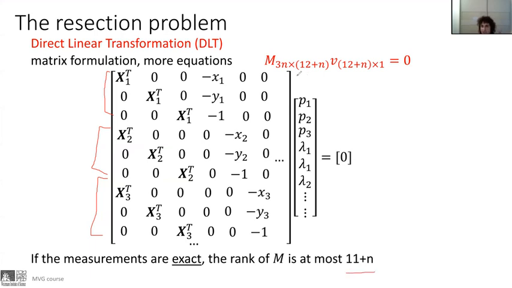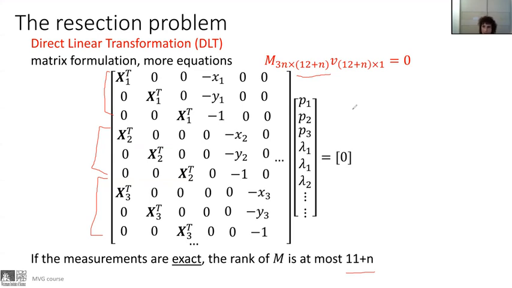Since this is the number of columns, it means that the null space will be what size? 1. 1, exactly. Then I'll have a vector in the null space, and this vector will be the solution up to some scaling, of course.